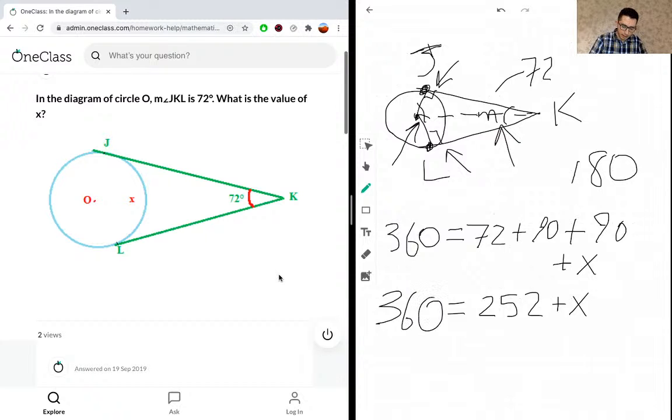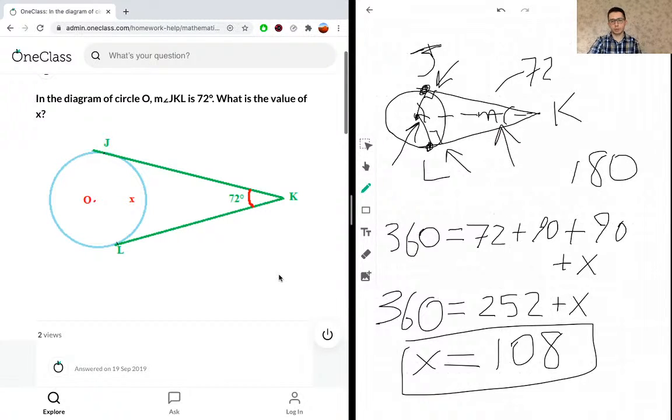So we have X is equal to 360 minus 252. So we subtract 252 from both sides of the equation, and that will give us 108. So this is our final answer. The angle X will equal 108 degrees.